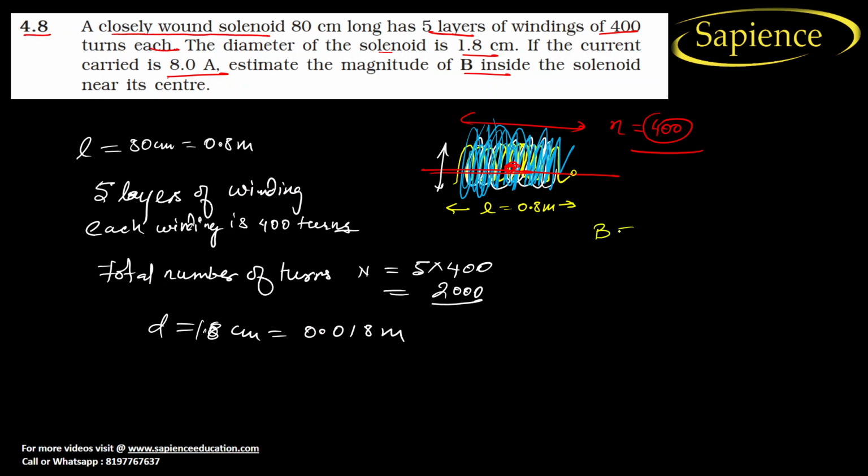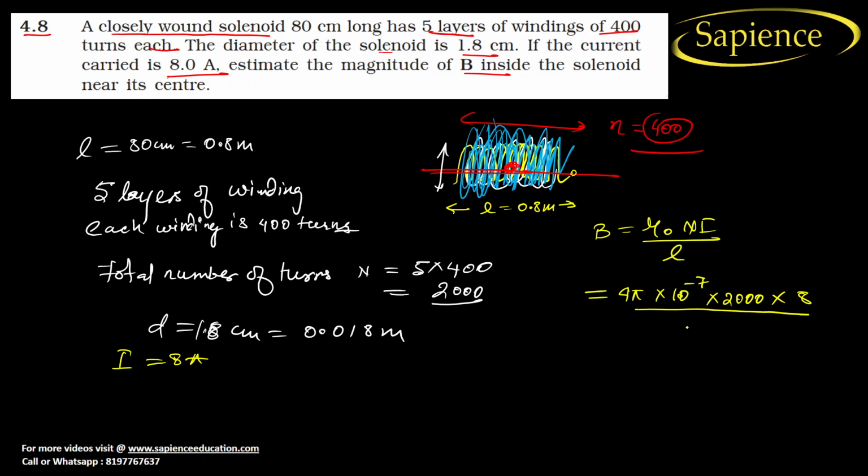So B is equal to mu naught N I divided by L. Put the value of mu naught: this is equal to 4 pi into 10 to the power minus 7, into 2000, into the current, which is 8 ampere, divided by the length, which is 0.8 meter.